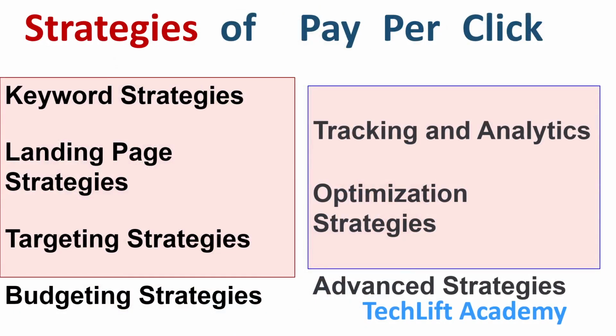Then we look at which strategies you can use in pay-per-click. We have the keyword strategies. Here you research relevant keywords. Which words are people actually going to type in? If I'm looking for shoes and you're advertising shoes, which words am I supposed to use?